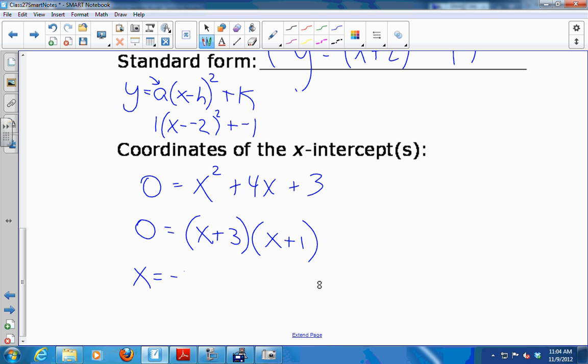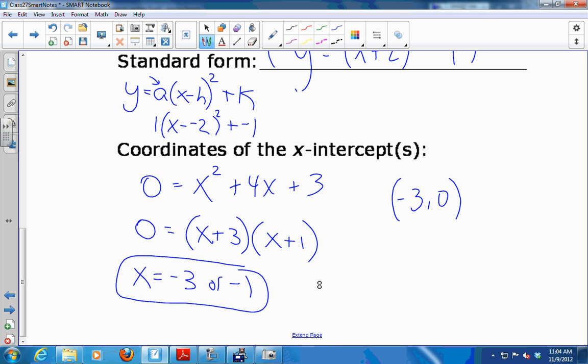So x ends up being -3 or -1. So if I was going to write them as points, it would be -3, 0, and -1, 0. Make the y's 0.